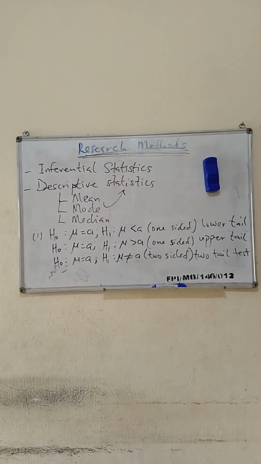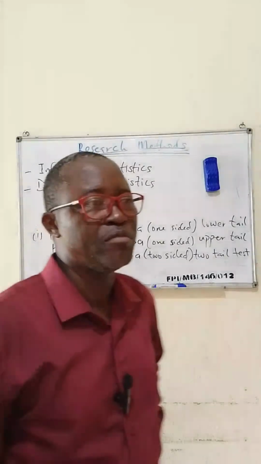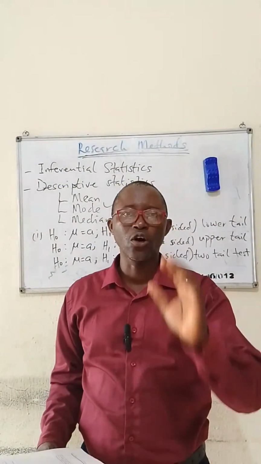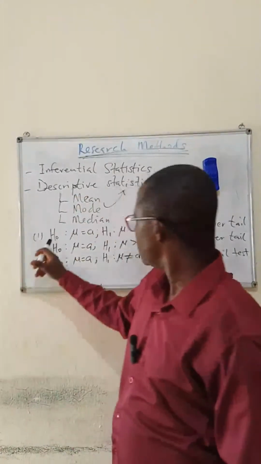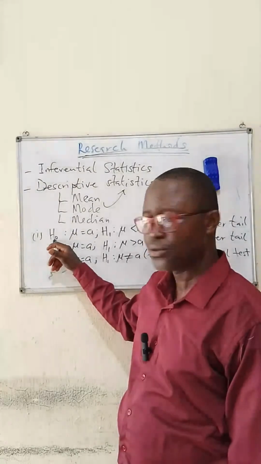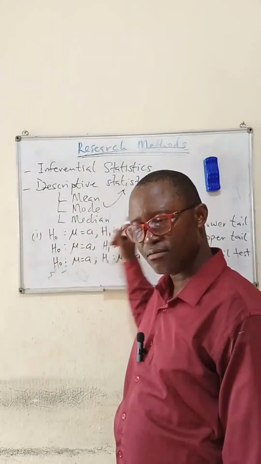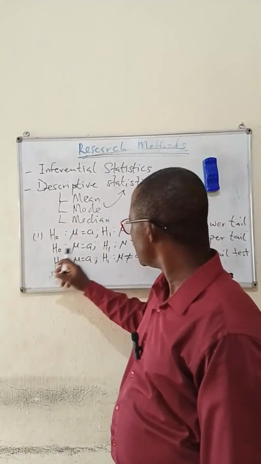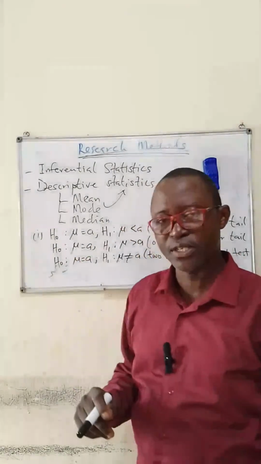Before analyzing any data, the first thing to do is to state your hypothesis. First one is the fundamental hypothesis, H0. You state it, maybe in a statement or in mathematical form this way. Then you state the alternative hypothesis.